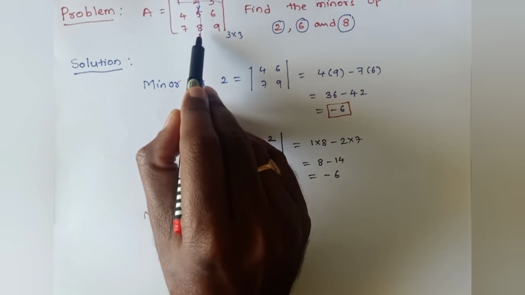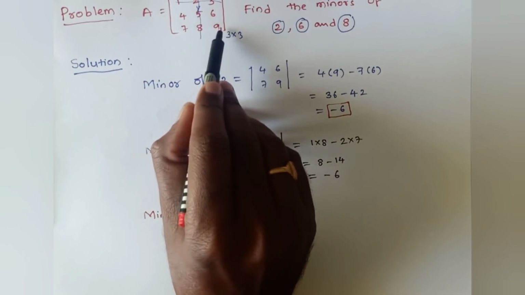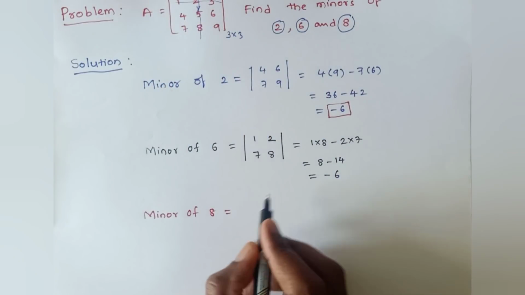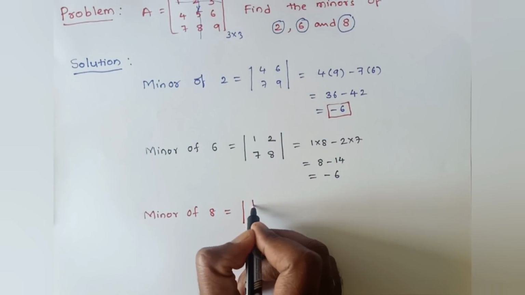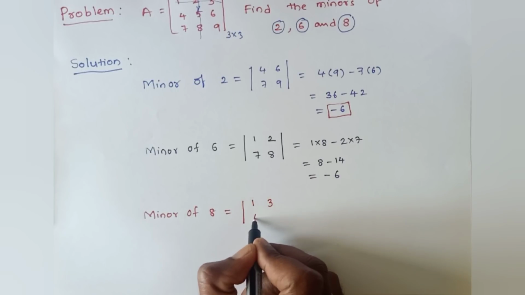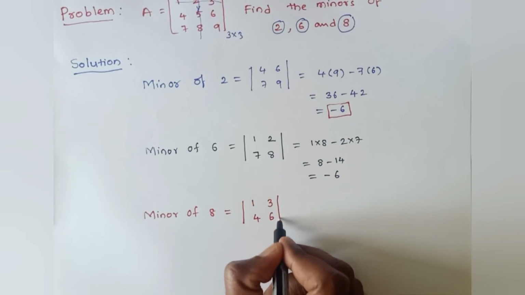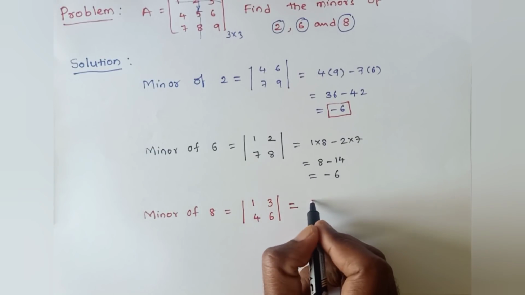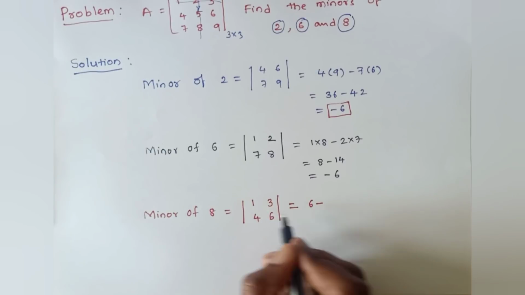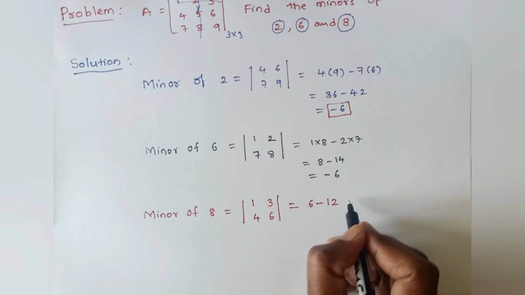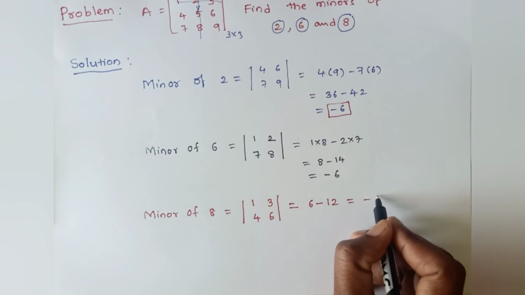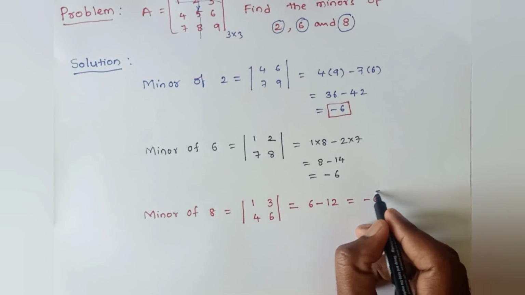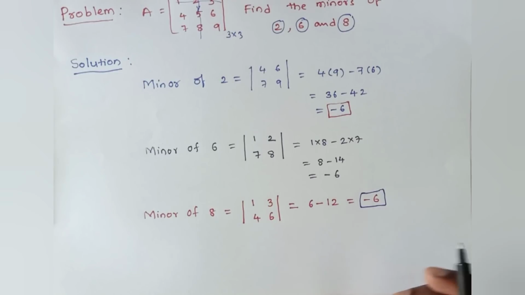By deleting this third row and second column, we make a 2 by 2 determinant, that is 1, 3, 4, 6. Now this is equal to 1 into 6 minus 4 into 3, which is 12. So this is equal to minus 6. So the minor of the element 8 is minus 6.